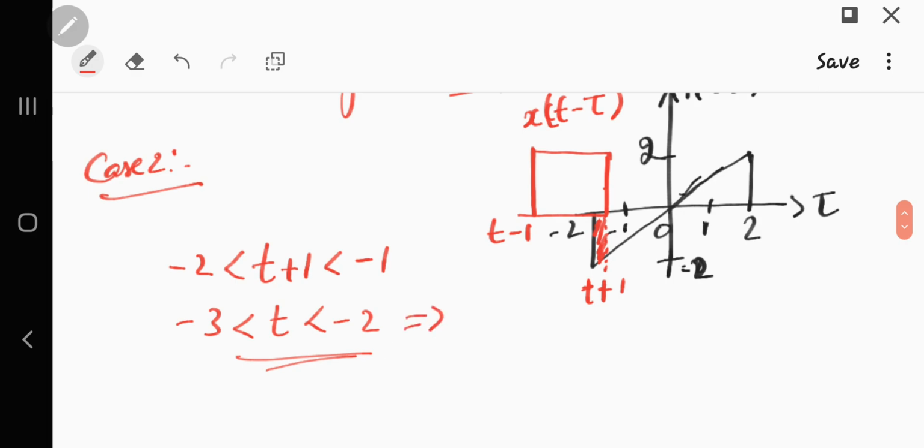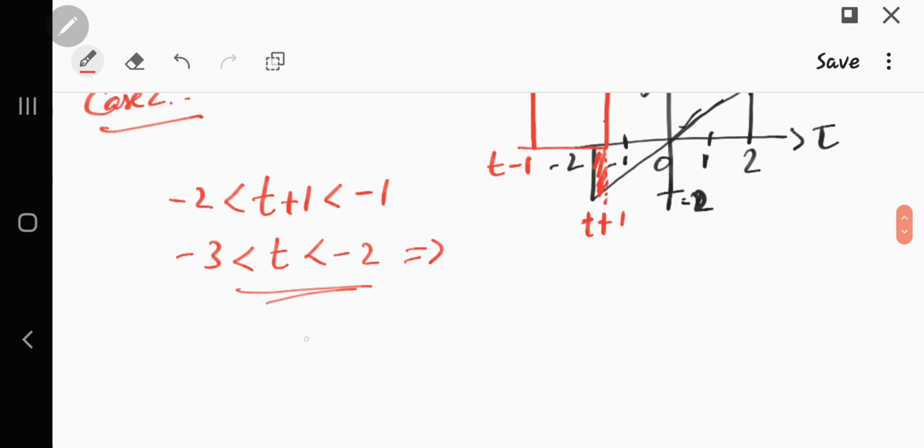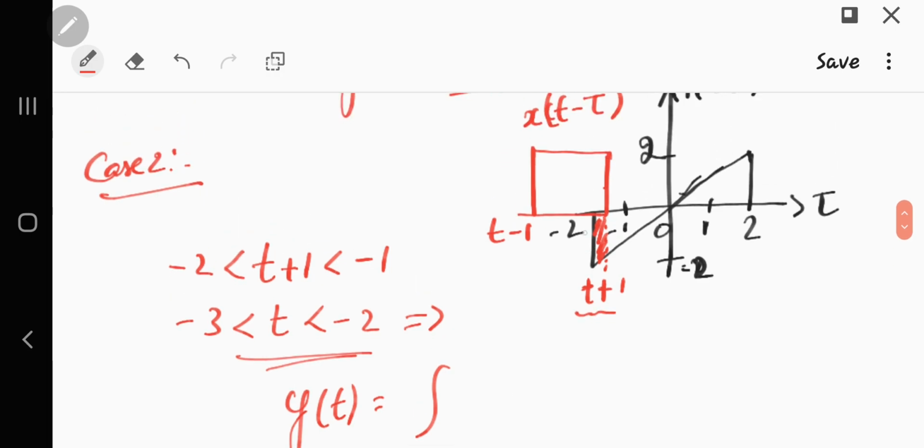Now in this duration, what happens to our y of t, that we have to find out. So y of t is equal to, now from where to where it is overlapping, you can see it is overlapping from minus 2 to t plus 1. So the overlapping region is between minus 2 and t plus 1 here.